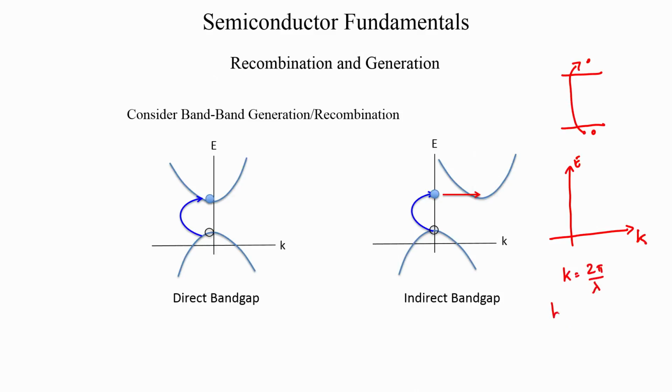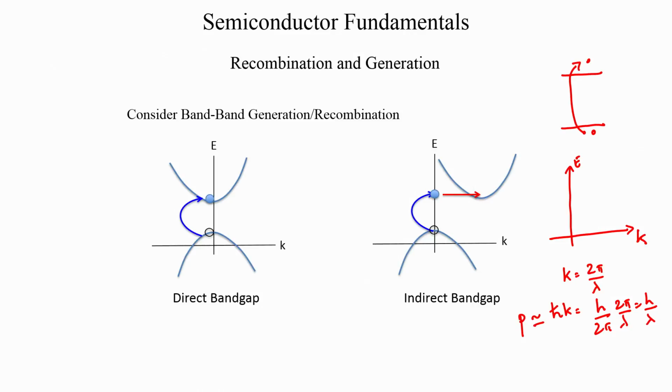And h bar k is nothing but h by 2 pi into 2 pi by lambda, which is h by lambda, which is the de Broglie equation for momentum. So, P essentially relates to k. So, what we are looking at is an energy momentum diagram.